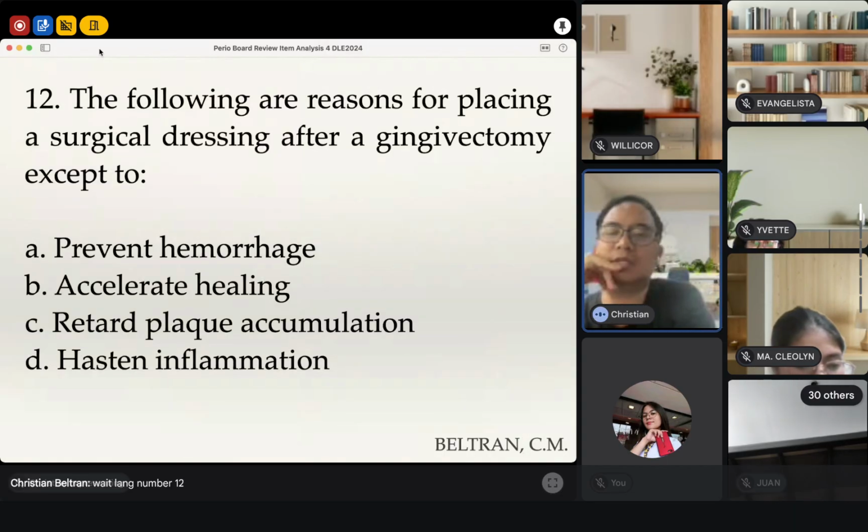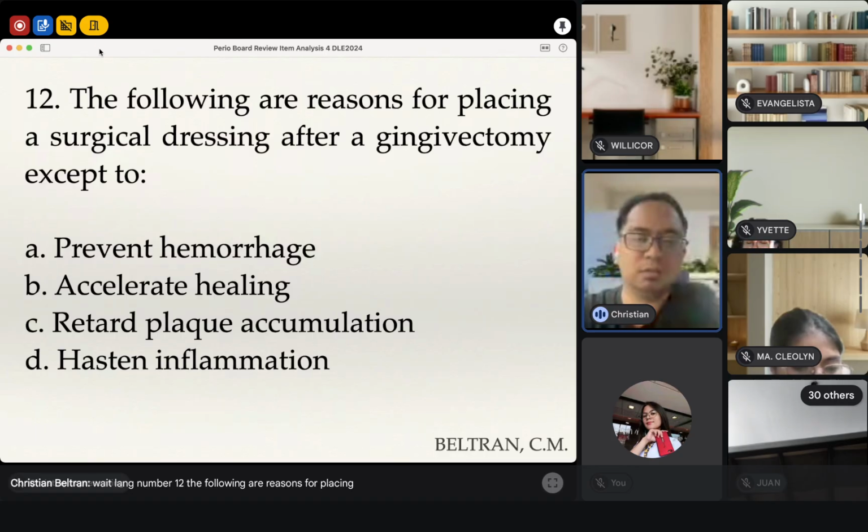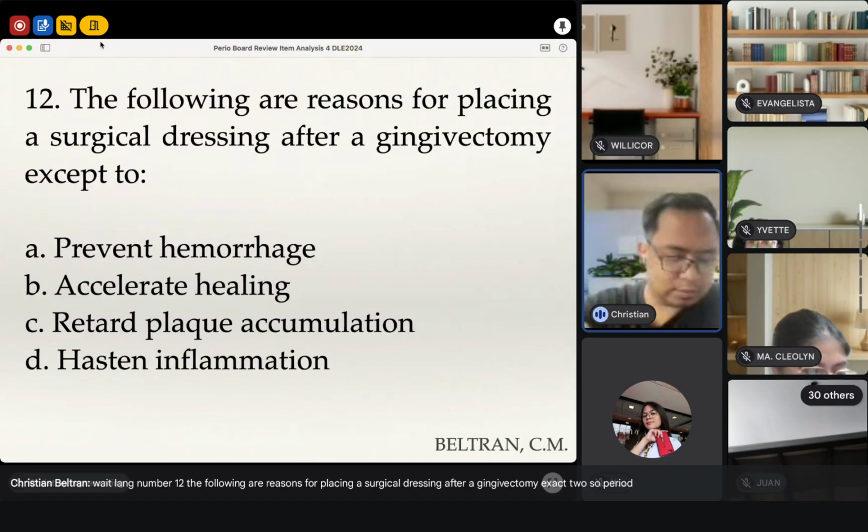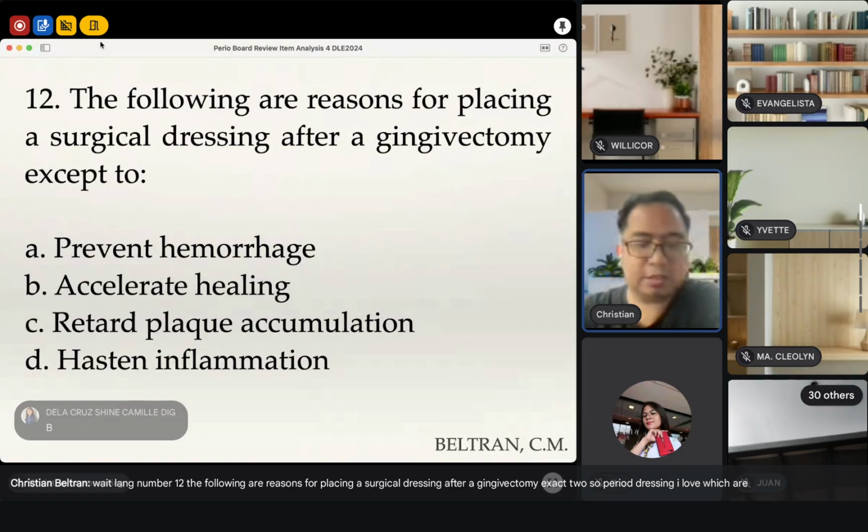Number 12. The following are reasons for placing a surgical dressing after a gingivectomy, except two. So periodontal dressing, which is not an indication?